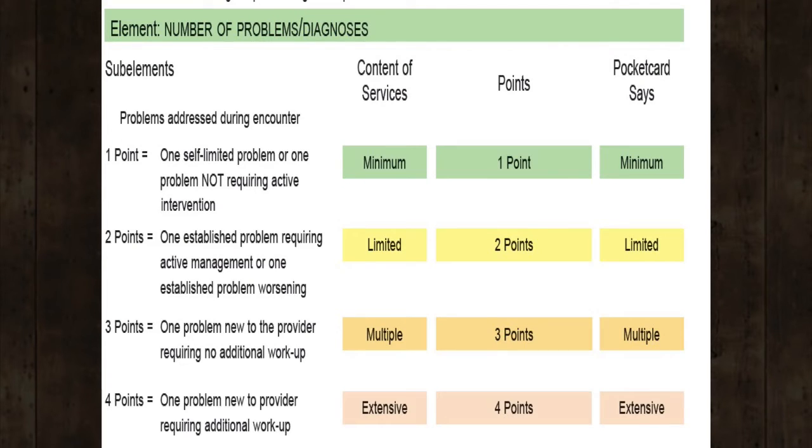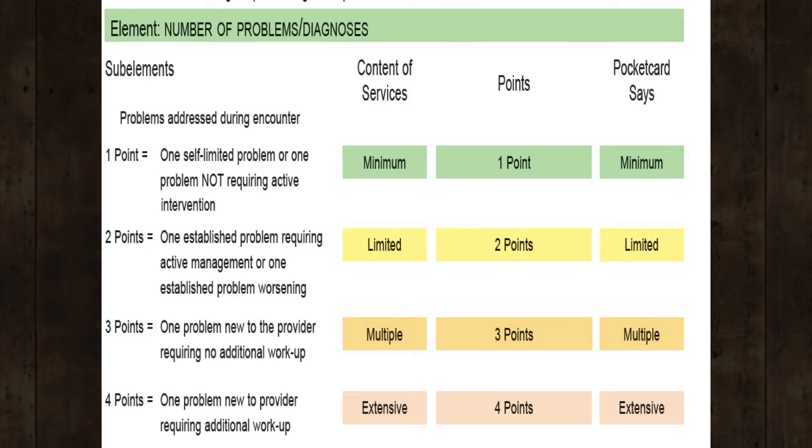Looking at the number of problems or diagnoses. Now, here again, this is abstracted from a number of different areas in the documentation guidelines and in subsequent articles, and has been vetted through many Medicare medical directors.